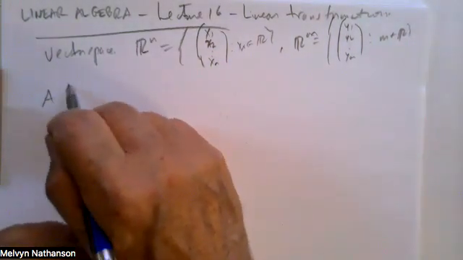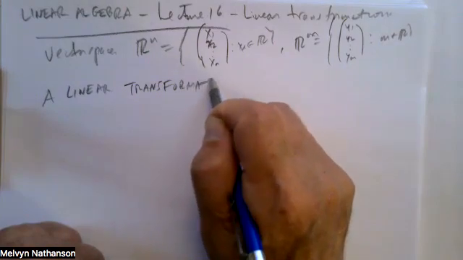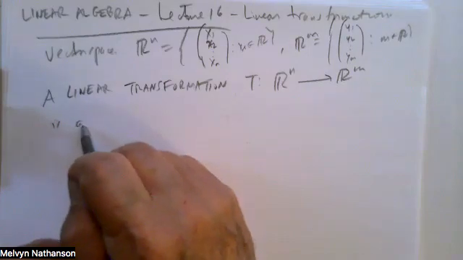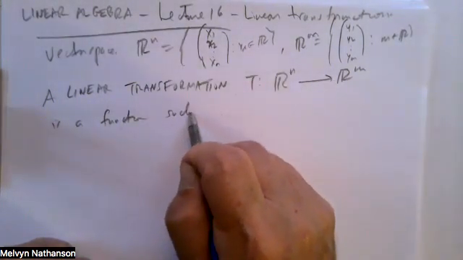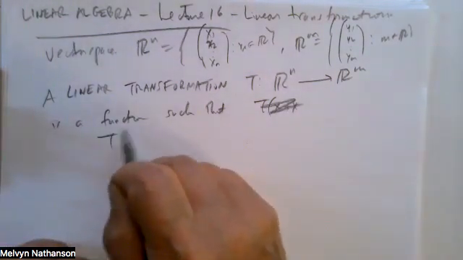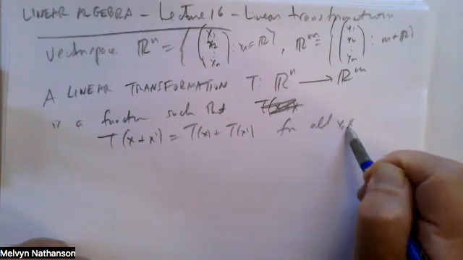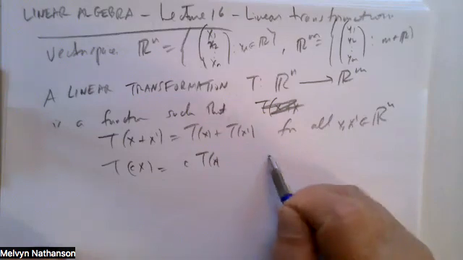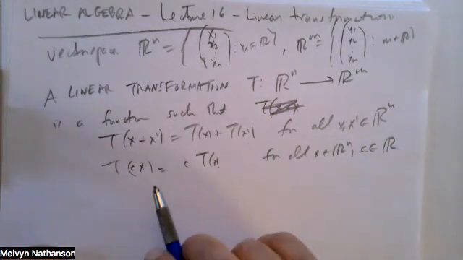And what is called a linear transformation T from Rn to Rm is a function T from Rn to Rm which has the following two properties, such that T of x plus x prime is T of x plus T of x prime for all vectors x, x prime in Rn, and T of c times x is c times T of x for all vectors x in Rn and all scalars c in R. Right?